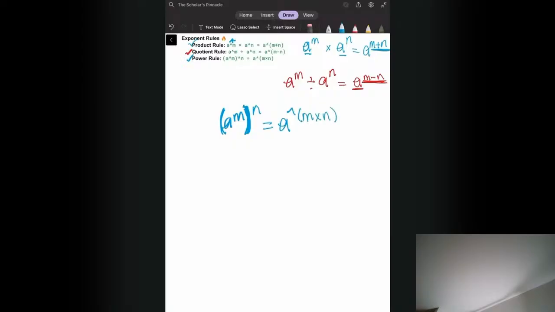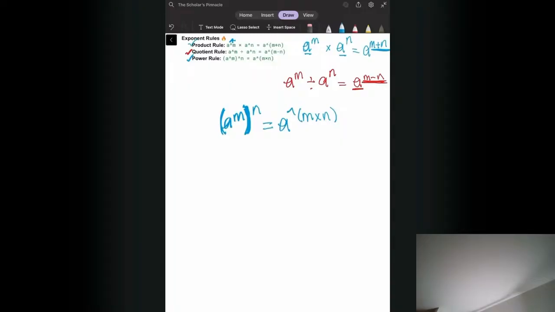Make sure you take note of this. Pause the video if you need to. Make note of this and keep that in mind because you're going to need to use this whenever you're evaluating powers when it comes to algebraic expressions, and it's also useful for other topics in algebra or math in general.